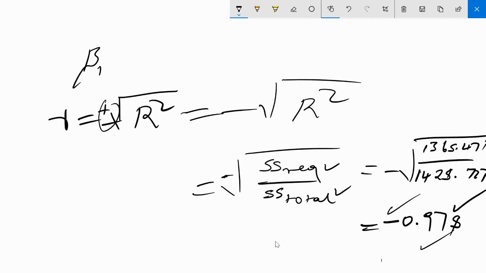Then there is a very high. If you follow the table on Blackboard, you will see that if the value is close to 1, we are saying there is a very high. But now you have to decide in terms of the direction. Now, this one is negative, so there's a very high negative correlation between X and Y. So if you said there's a strong negative relationship, it's correct. If there is a very high negative correlation, it's still correct.